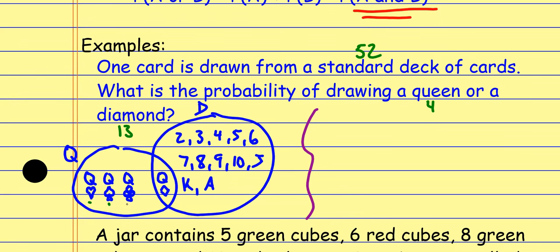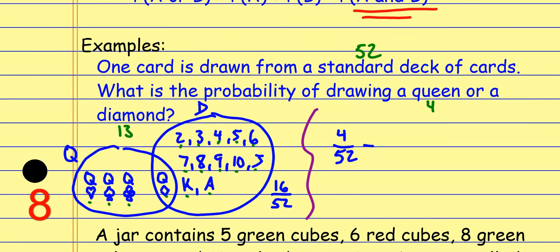We've got 1, 2, 3, 4, 5, 6, 7, 8, 9, 10, 11, 12, 13, 14, 15, 16. So that would be 16 out of the 52. I won't reduce it here because I'm about to do this problem the more mathematical way. If I approached this the same way I did before, I would say, okay, queens, there's 4 out of 52.